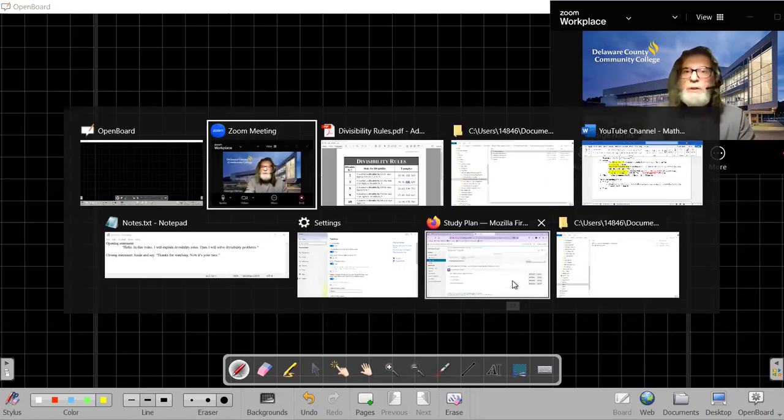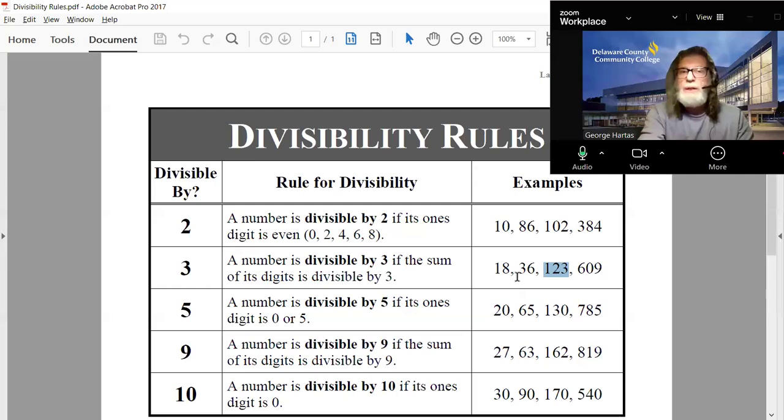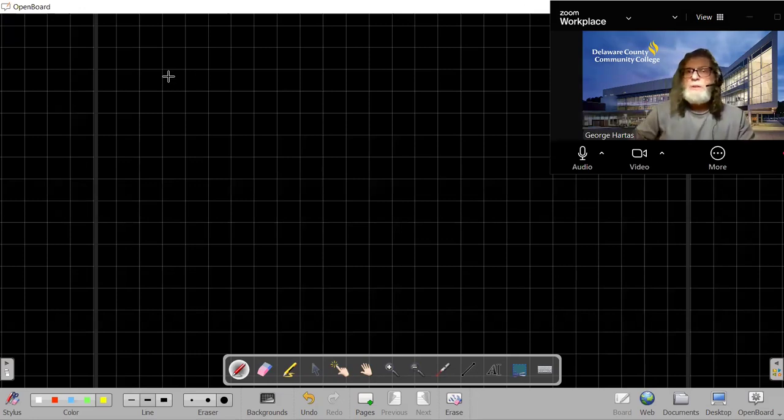Okay, now let's take a look at the next one here, 609. Let's try 609. Okay, is 609 divisible by 3? We'll add the digits. 6 plus 0 is still 6. 6 plus 9 is 15.